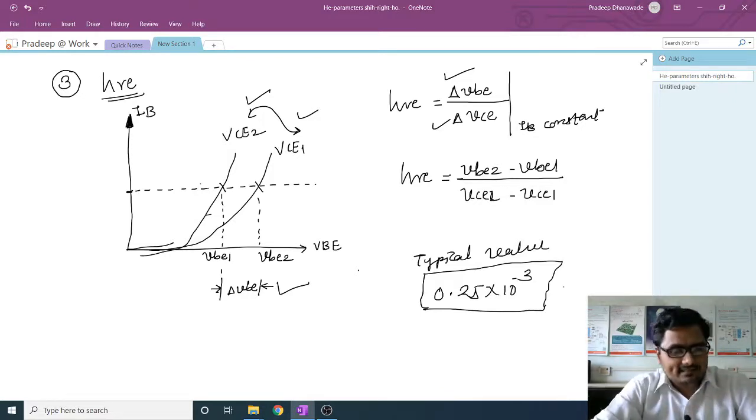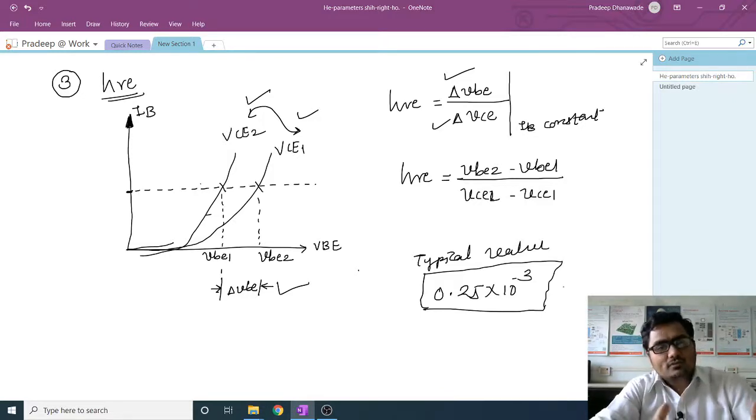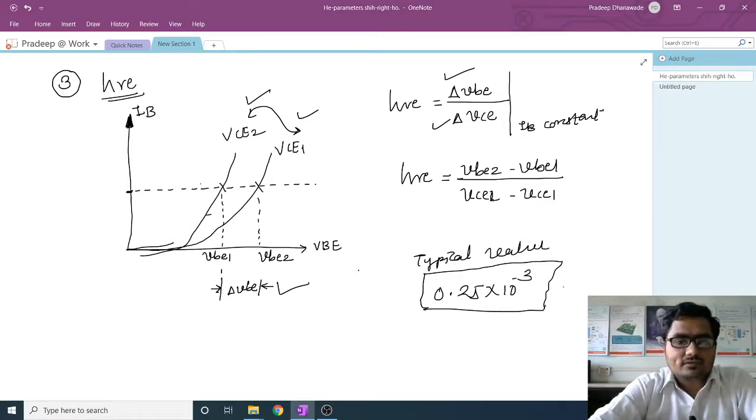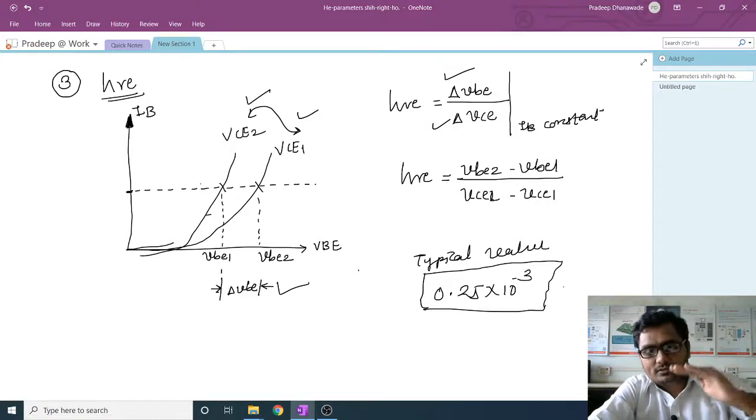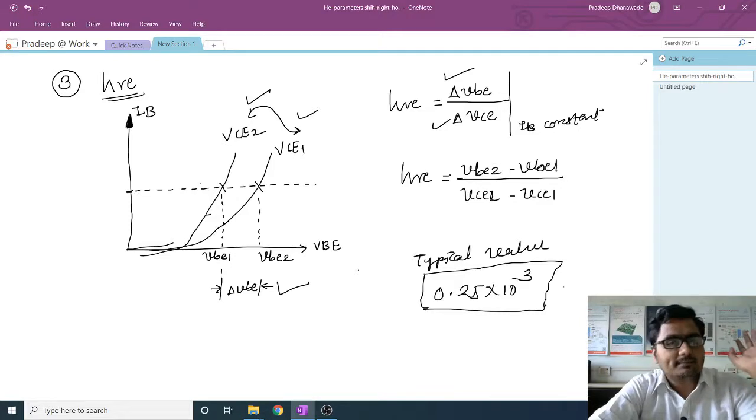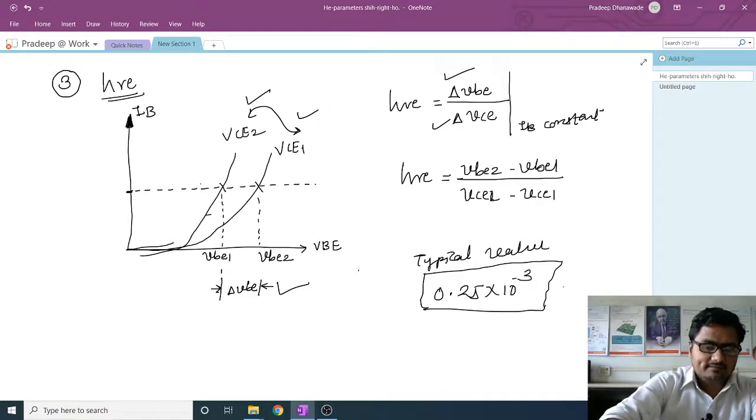See, when the exact transistor is not known and still you want to have the value of HRE, then use this typical value. There are ranges: typical value, highest value, lowest value. So generally we select typical values instead of hunting for the highest and the lowest value for all those parameters.